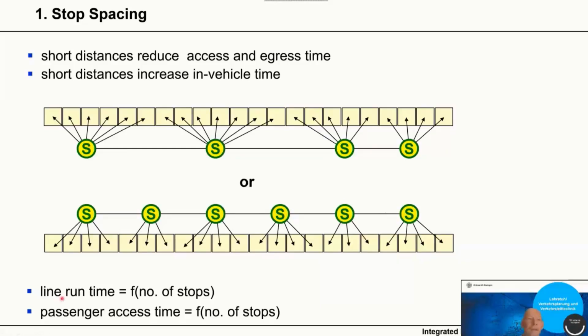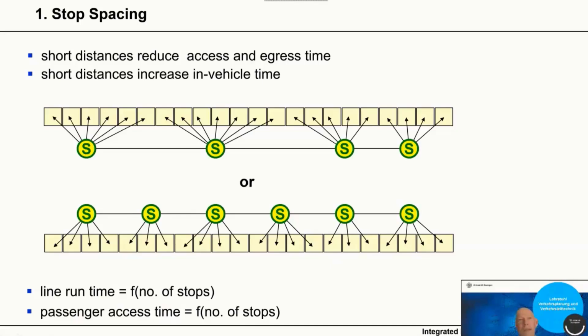So the runtime of a line depends on the number of stops, and also the passenger access time depends on the number of stops. Short distances reduce access and egress time, but they increase in-vehicle time. You can show in theoretical models that there's an optimum spacing, which depends on how you evaluate walking time compared to in-vehicle time.